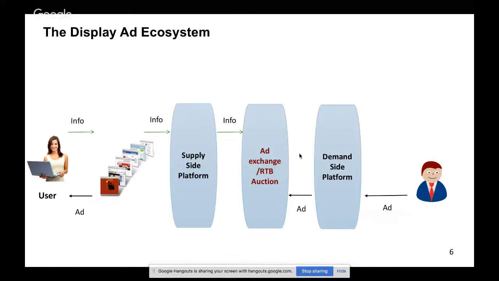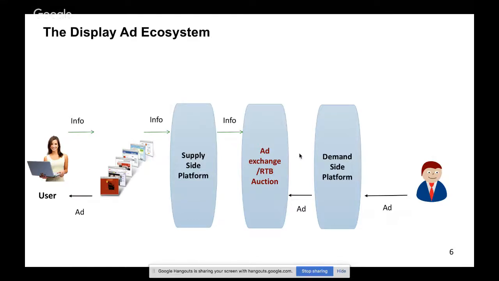On one side we have the information about the customers. On the other hand, we have the aggregated needs from the advertisers, where they're looking for the type of customers and the space to put their product or service. These two sides make a deal through the ad exchange, most of the time through a real time bidding auction mechanism.